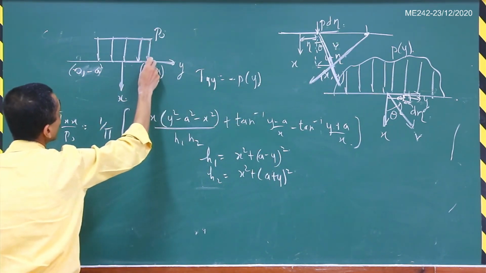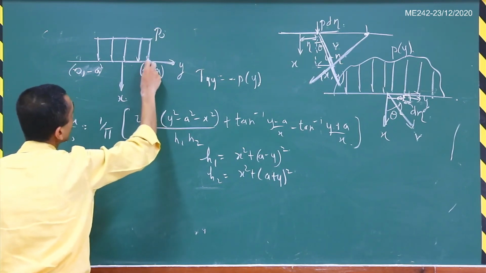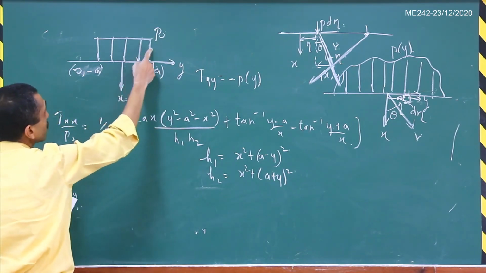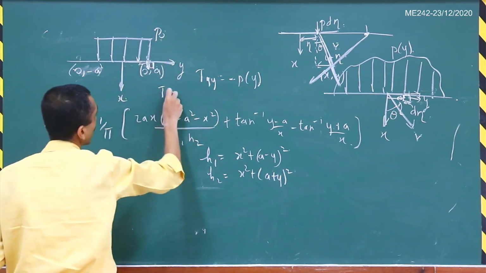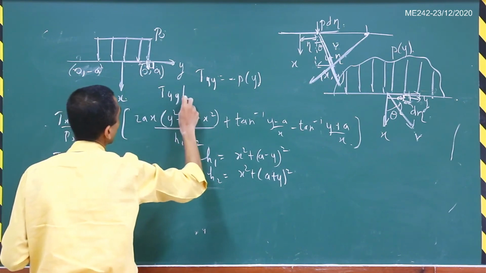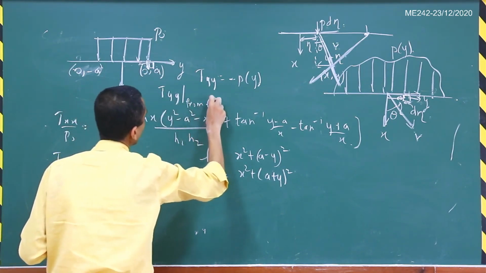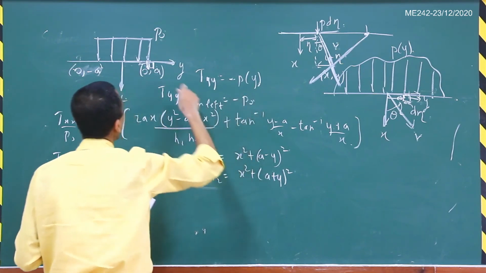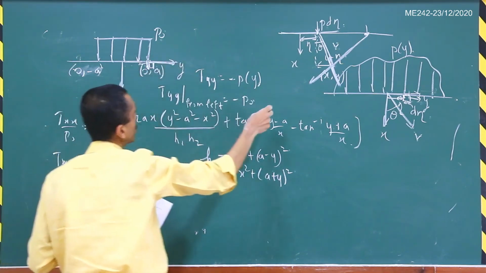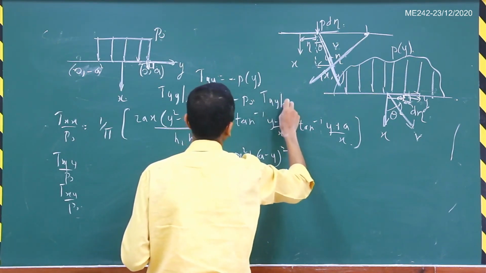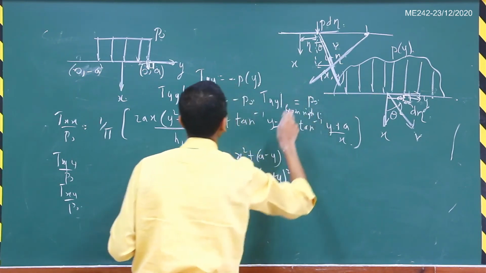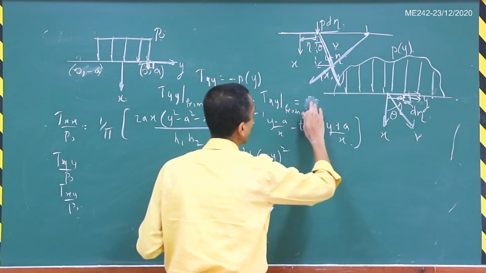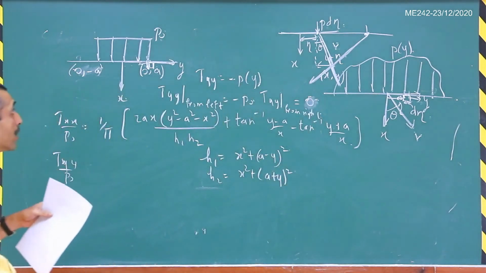And so here, if you see the tau yy at this particular point, there is a jump in this stress, because just to the left of this point here, the stress will be minus p naught, correct? So tau yy from the left will be equal to minus p naught, and then from the right there is no traction that is applied, so tau yy from right will be equal to 0, and so you will see that there is a jump in this stress.